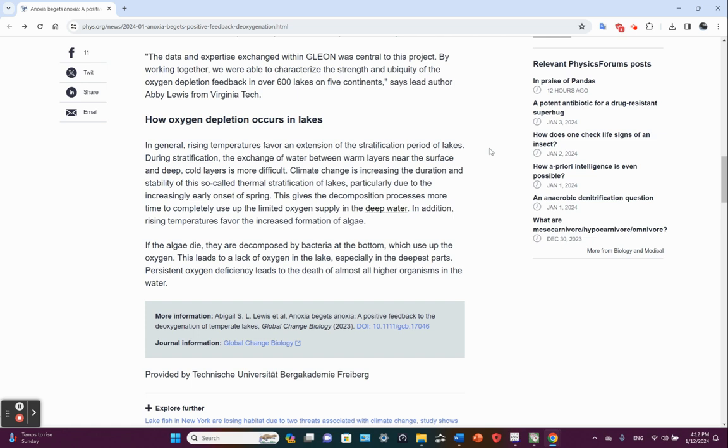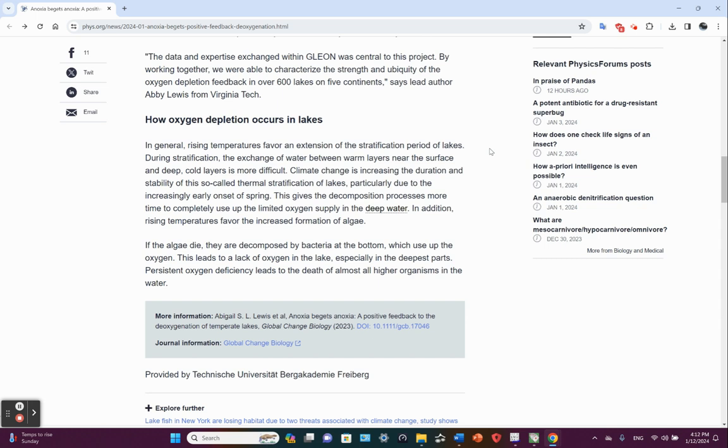During stratification, the exchange of water between warm layers near the surface and deep colder layers is more difficult. Right? You've heard me discuss that before. Climate change is increasing the duration and stability. In other words, this thermal gradient is stable for a longer period, which means that the opportunities for mixing are reduced and the time frame for the mixing is reduced.